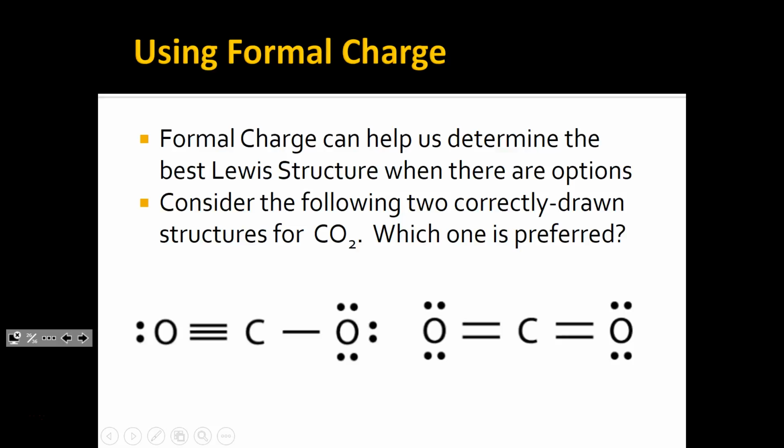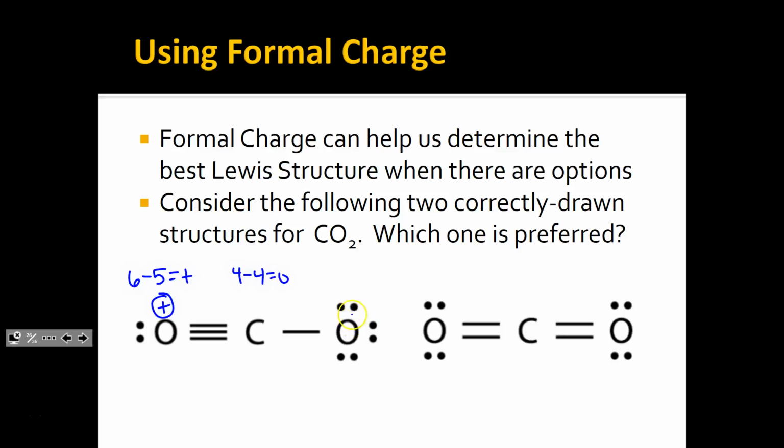Okay, so let's look at this first one on the left. We need to assign formal charges to every single atom. So the oxygen that's right here on the left, 6 valence electrons minus, there are 5 things touching it, so that's a +1. So I'm going to write that formal charge right there. Carbon has 4 valence electrons, minus, there are 4 things touching it, so 4 associated, so that's 0, that's good.